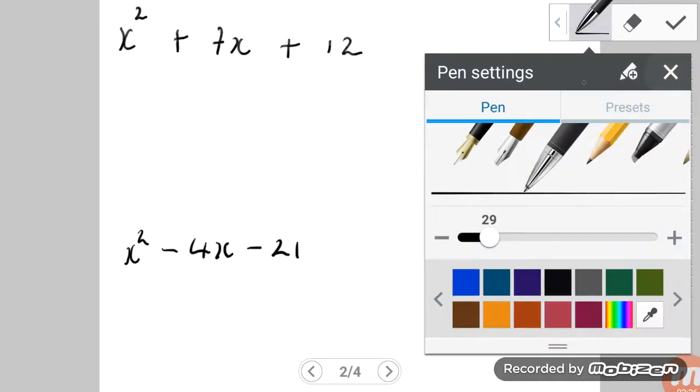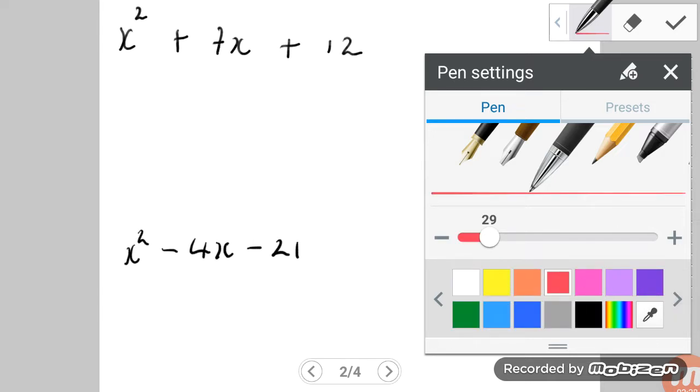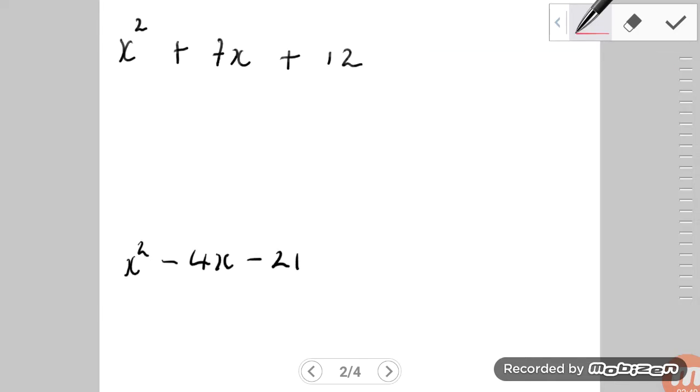Now what was recommended in the last video for a person who is trying for the first time is to obviously list out the values of A, B, and C. So A is equal to, in this case, 1, because the coefficient of the x squared that is understood here is a 1.